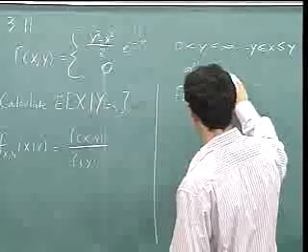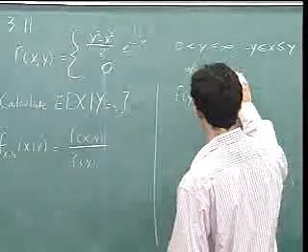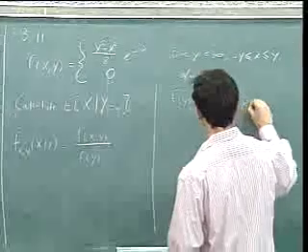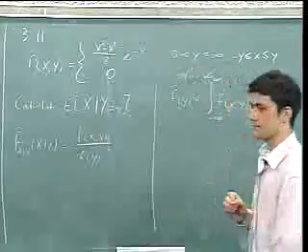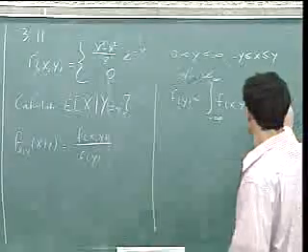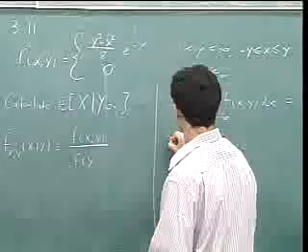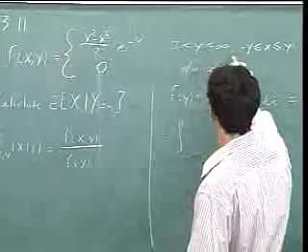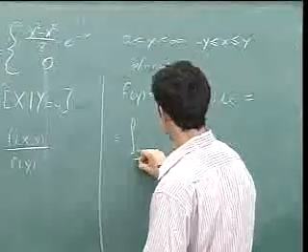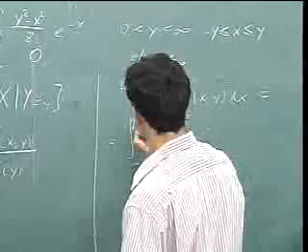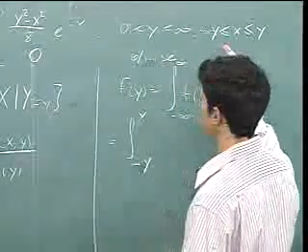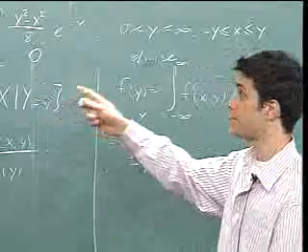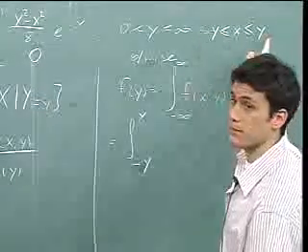So f of y, we know that is equal to this integral, f of x, y, dx. And we can rewrite this according to the support, where the joint density only takes positive values where x is between minus y and plus y.